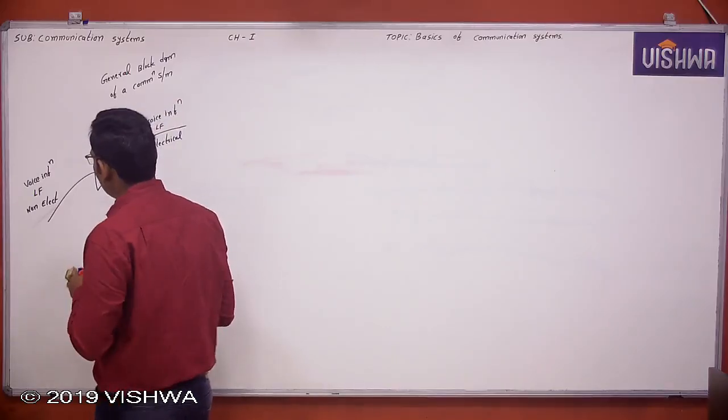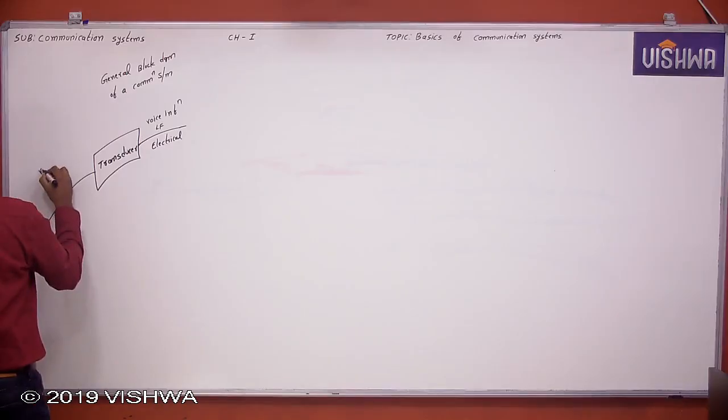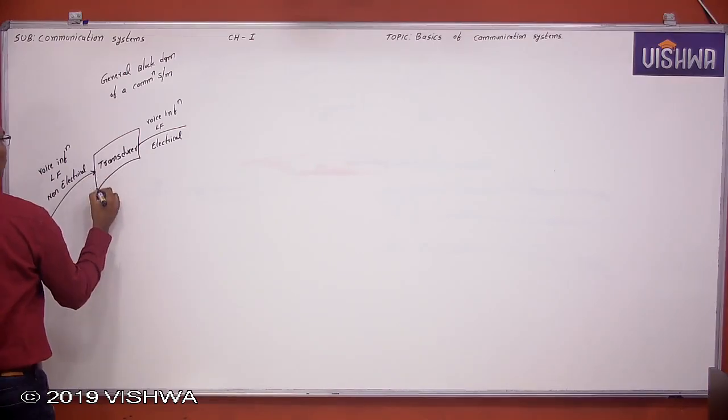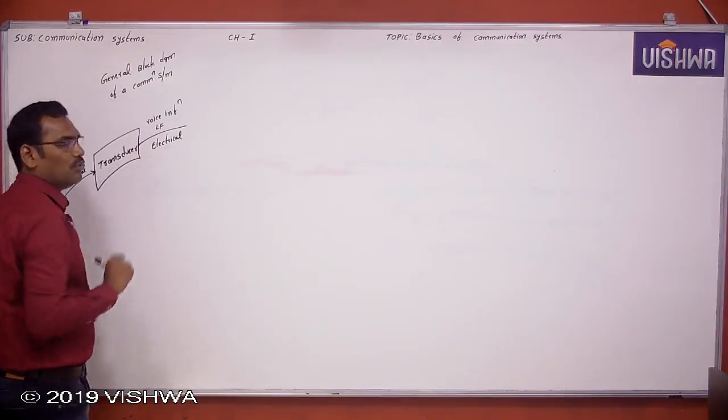Now see here. This is the voice information, low frequency in nature, a non-electrical variation. So this is the transducer, a microphone or whatever it may be, converting non-electrical variations to electrical variation.